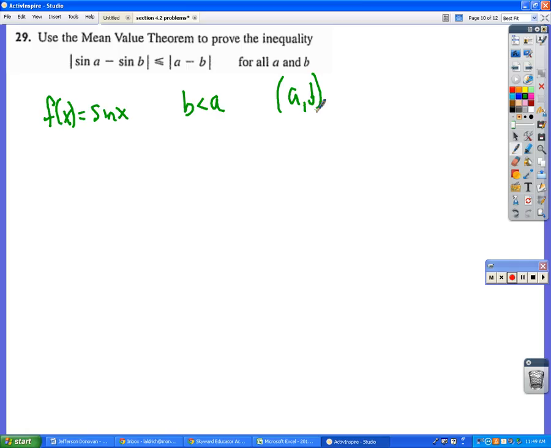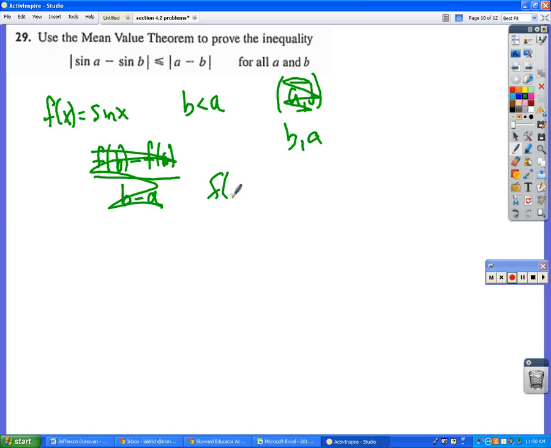By the mean value theorem, we know that f of b minus f of a over b minus, oh wait, I have that backwards because b is less than a in this case. So this is really f of a minus f of b over a minus b. Okay, so we know that there's a number in between a and b somewhere where the slope equals that, right?